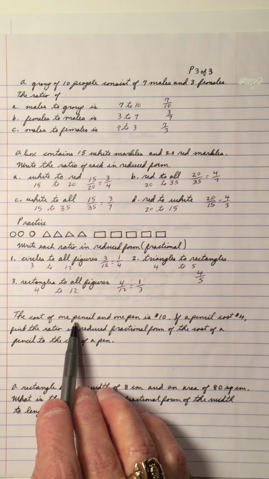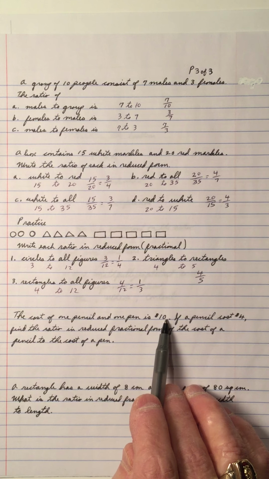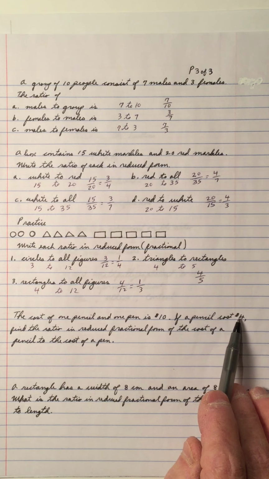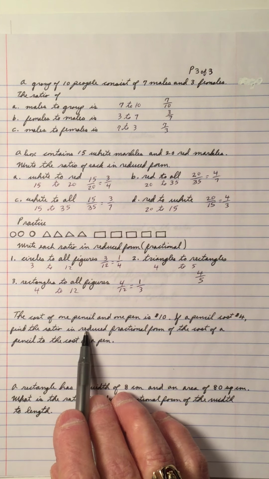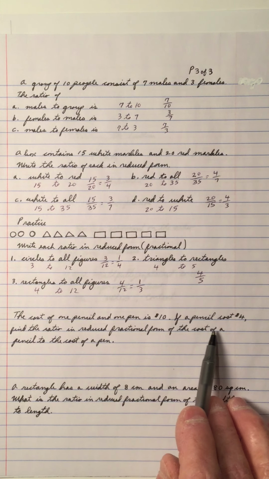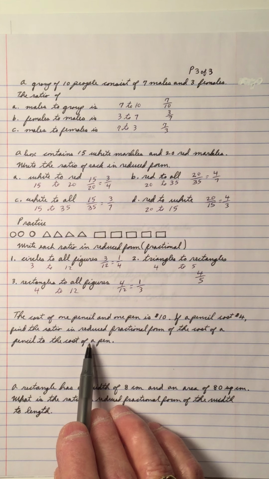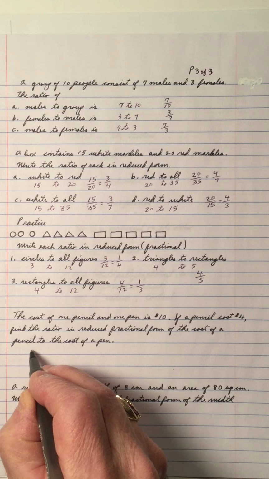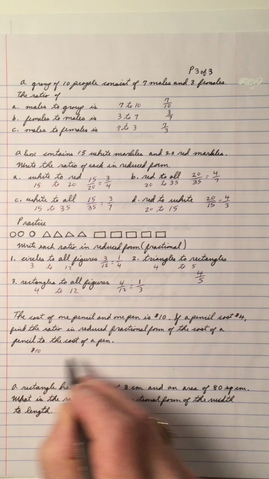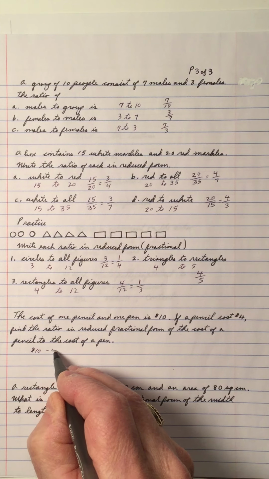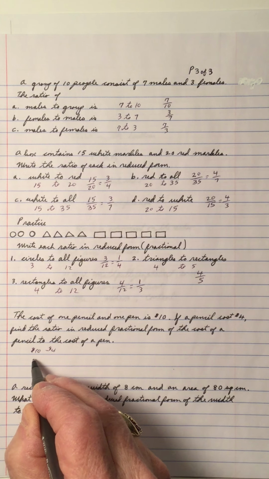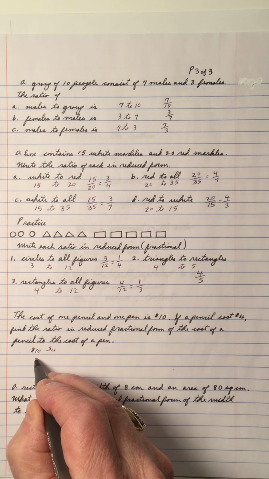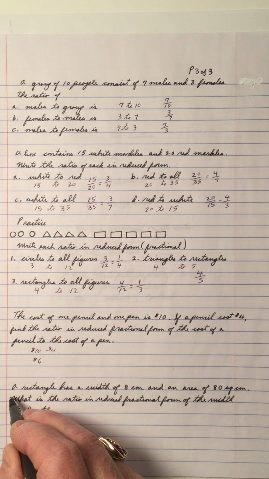The cost of one pencil and one pen is $10. If a pencil costs $4, find the ratio in reduced fractional form for the cost of a pencil to the cost of a pen. Well, if the two of them together cost $10 and a pencil costs $4, that means the pen must have cost the difference, which is 6.